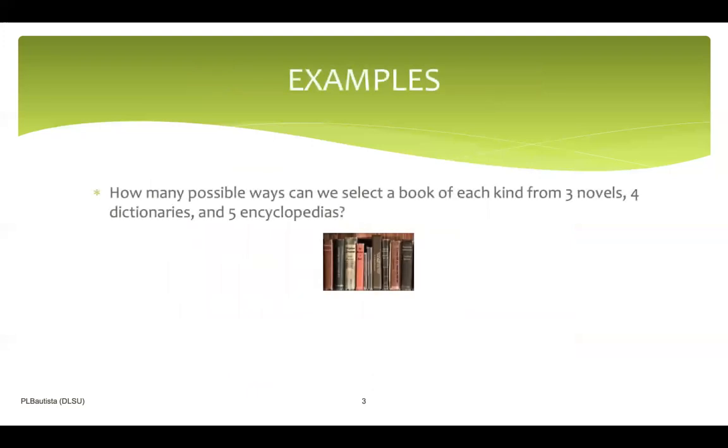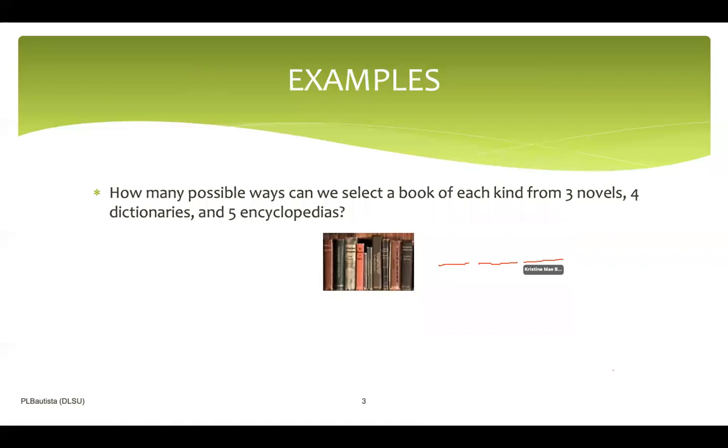So as an example, suppose you want to select a book of each kind from 3 novels, 4 dictionaries, and 5 encyclopedias. In how many ways can we do this? Normally, in order to apply the fundamental principle of counting, you just draw blanks for each of the possible operations of your experiment.